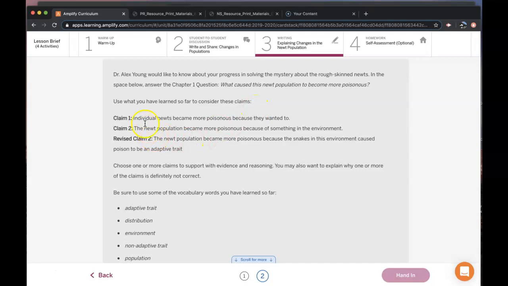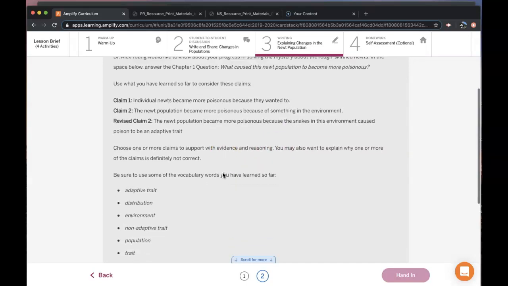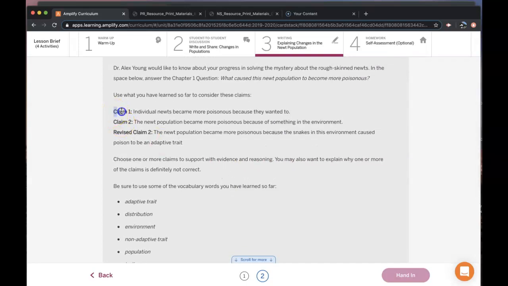So here are our two claims and our revised claim. It says to choose one or more claims to support with evidence or reasoning. You may also want to explain why one or more of the claims is not correct. It would be very beneficial for you to write about claim 1 and explain why this one is not true, and then provide evidence and reasoning for revised claim 2.